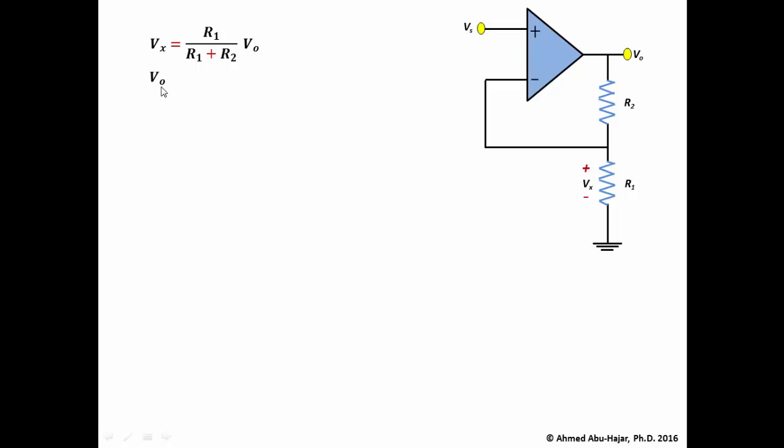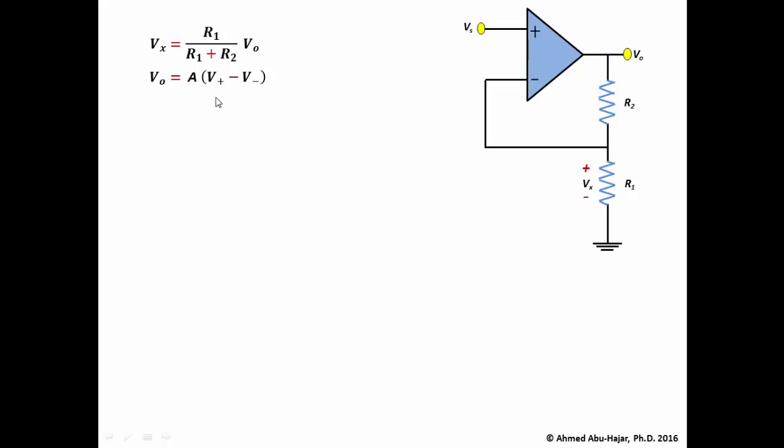And now let's analyze the circuit and see what V out is going to be for a given Vs. So we know that V out will equal A, the gain of the op amp, times V plus minus V minus.